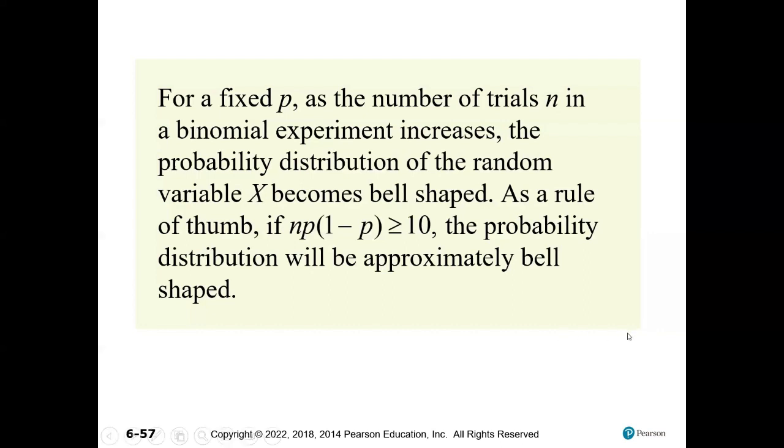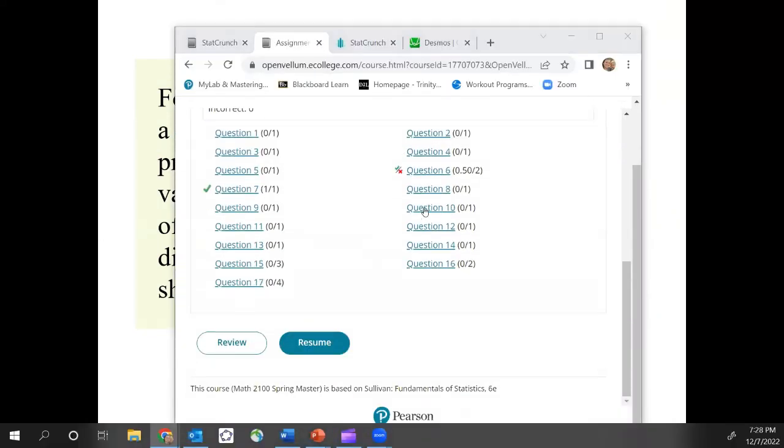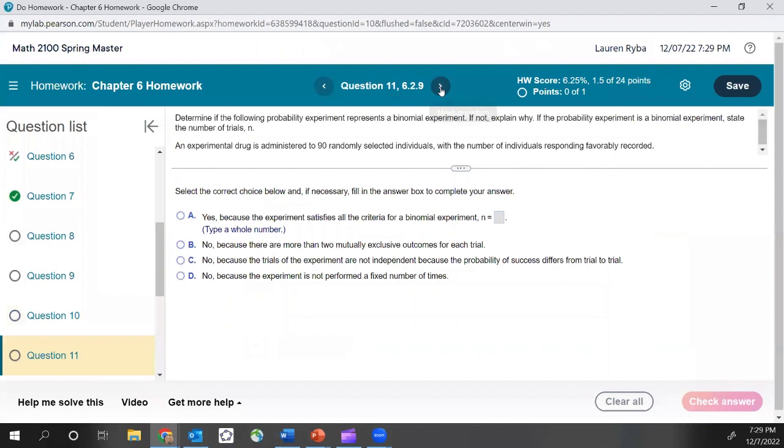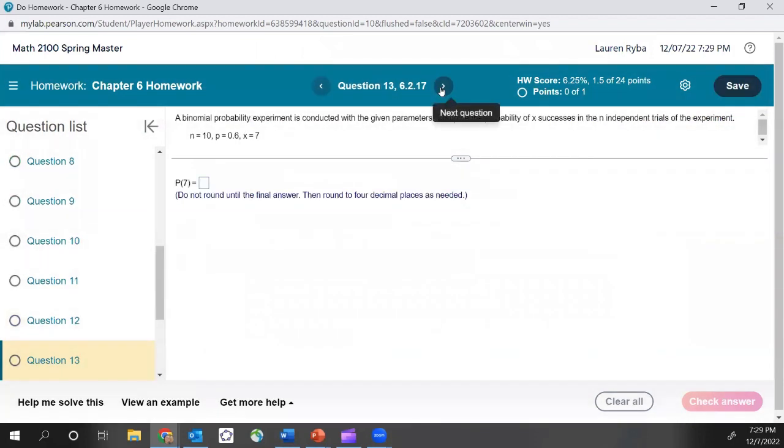Let me grab back up the homework. So let's see if there's any other ones we want to look at. Okay, so some definitions. Is it a binomial experiment? Yes or no? Then we're going to calculate some probabilities given n and p equal to 7.